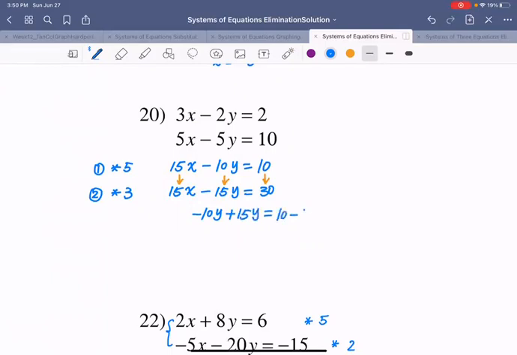Okay, do one more step. 5y equals negative 20. Y equals negative 4. Okay. We can plug this back. Go ahead.